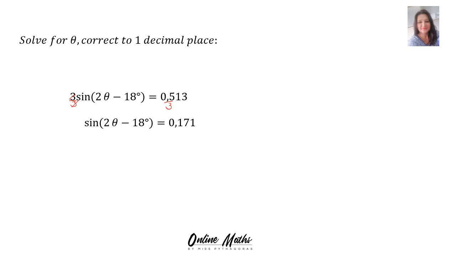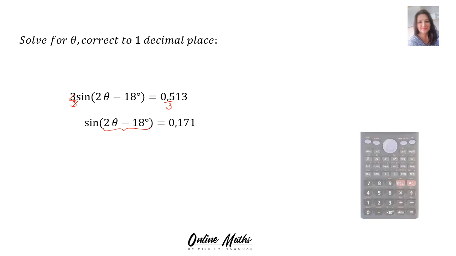Now, here next to the sin, the 2 theta minus 18 degrees, that whole bracket is an angle. So there's nothing you can do at this stage other than working out the angle on the right hand side.